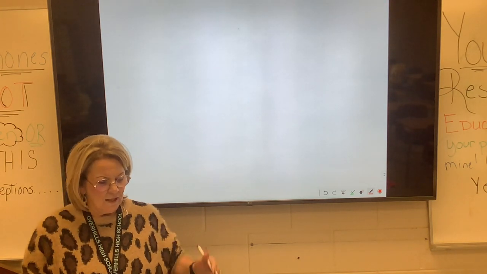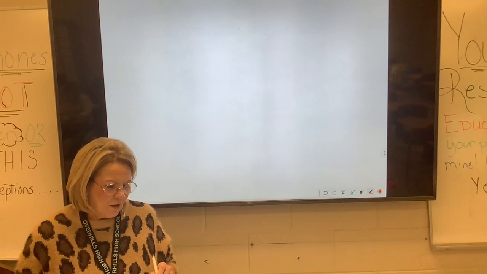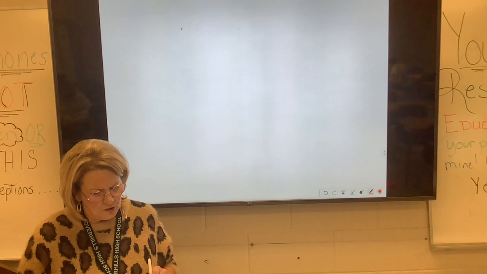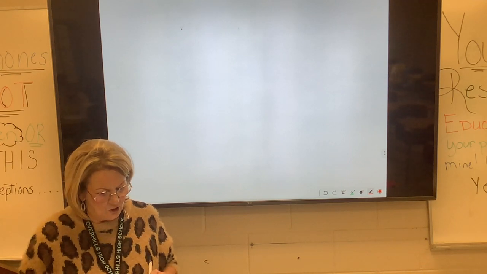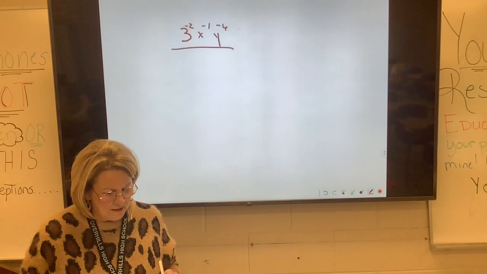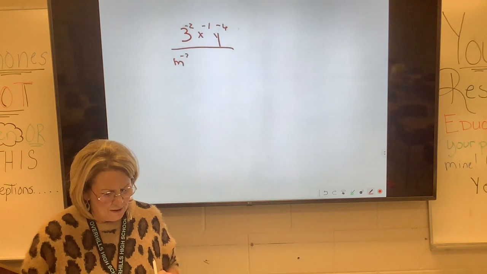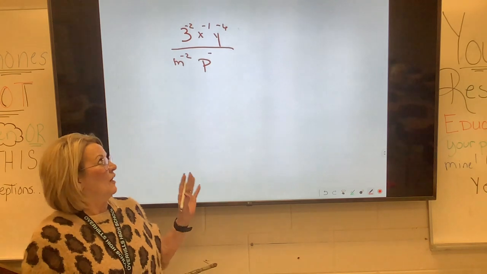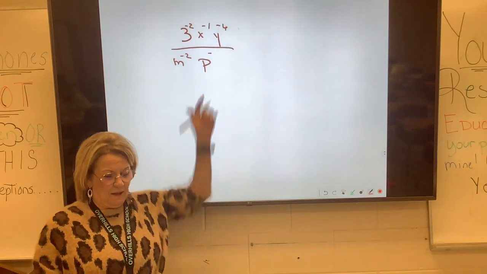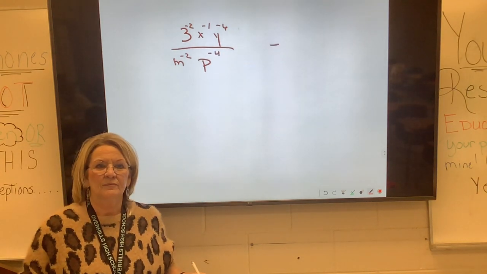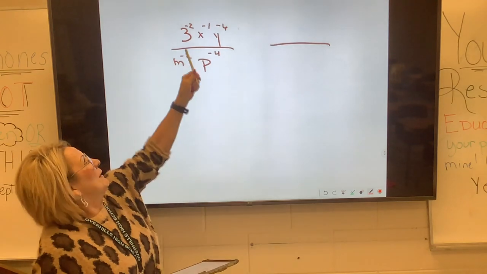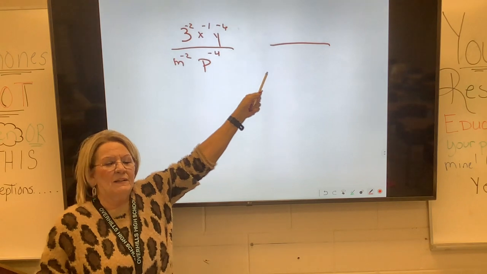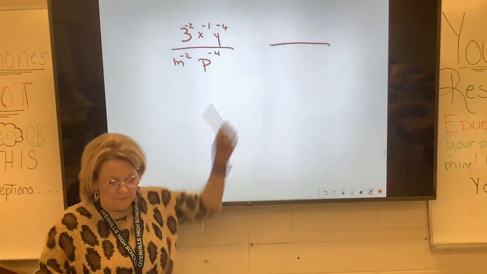So let me show you another pretty cool thing. Let's say you have 3 to the negative 2, x to the negative 1, y to the negative 6 over m to the negative 2, p to the negative 4. Once I see that I've got all those negatives up in there, I'm going to go ahead and get me a fraction bar. Now, in order to make that 3 to the negative 2 positive, I have to pull it to the bottom, and it becomes 3 squared, which is 9.